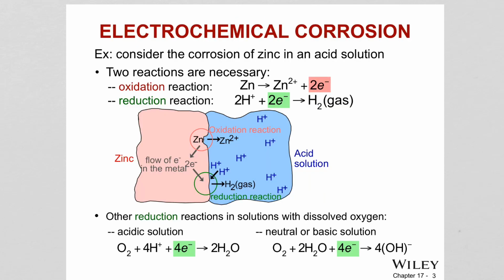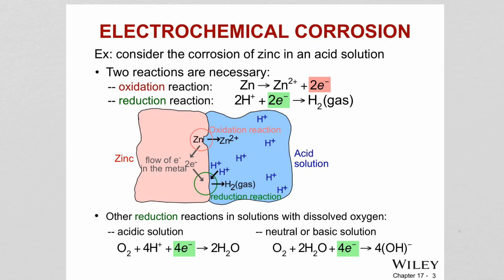So how does corrosion take place? Okay, how does it happen? This is an electrochemical mechanism. The corroding metal will have both anodic and cathodic areas. So there has to be an oxidation reaction and a reduction reaction.